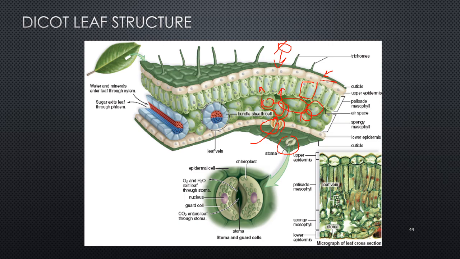Okay, so that's what that looks like. And remember that we have these veins of plant tissue in our leaves. So here is a vascular bundle. There's another one here. It may also be running in that direction because this is our dicot leaf.